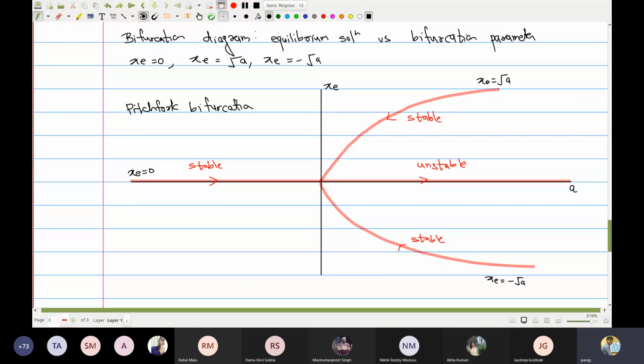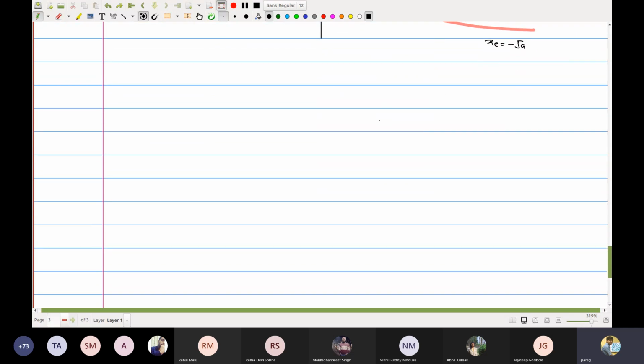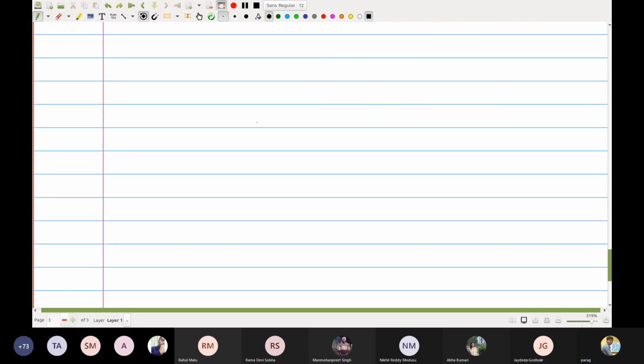Now the next example. You see how, if the equation changes, the nature of your bifurcation and the nature of solutions completely change. So our next example is dx by dt equals a minus x squared. Now we will solve this very quickly. We know how to do this.